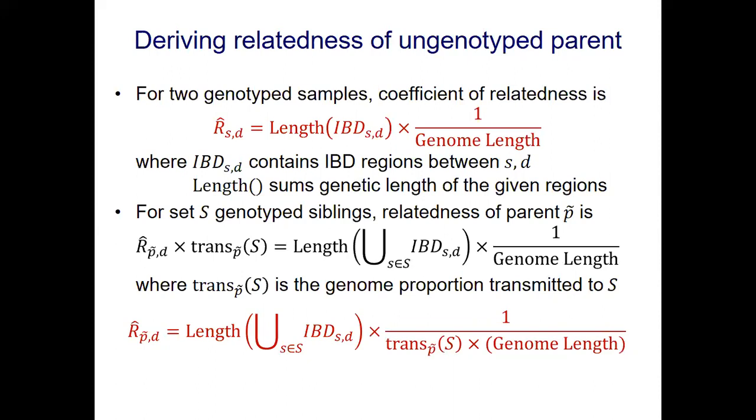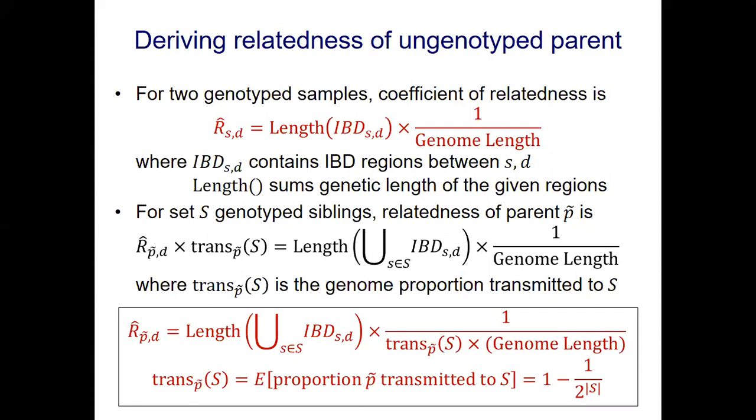Now, we looked into trying to estimate this transmission proportion by analyzing data from these siblings, but it turns out that we just ended up using the expectation of the amount of the genome that a parent should transmit to S, a set of siblings S. And this is just 1 minus the probability that a set of siblings of size S bar, the size of S, the probability that those siblings share a haplotype with each other identical by descent.